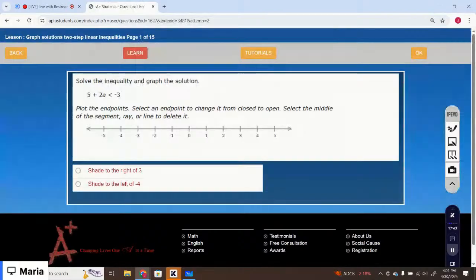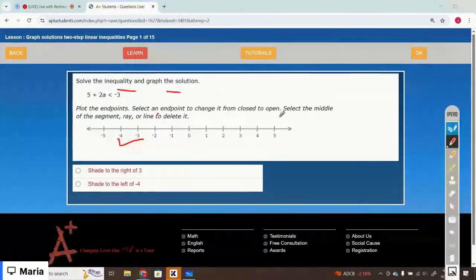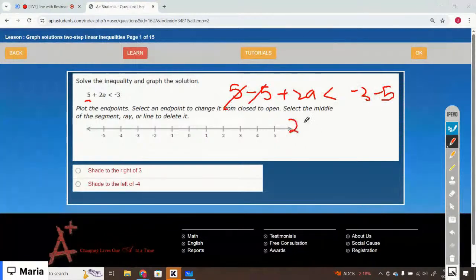5 plus 2a is less than negative 3. So let's just do the inverse operation. The first thing we need to do is remove that 5, so subtract 5 from both sides. You are left with 2a less than negative 8.